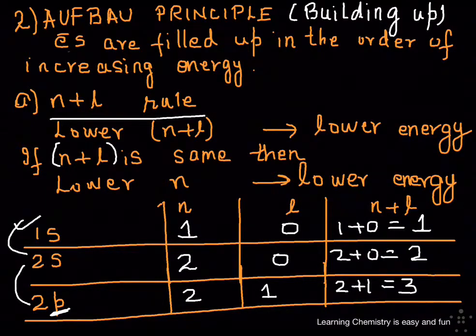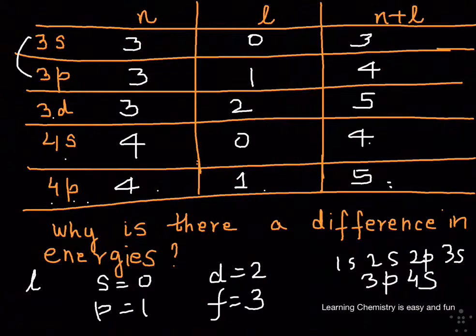If n plus L is the same, then the one which has lower value of n will have lower energy. So which will have lower energy, 3d or 4p? Yes, it is 3d. So I have 1s, 2s, 2p, 3s, 3p, 4s, 3d.